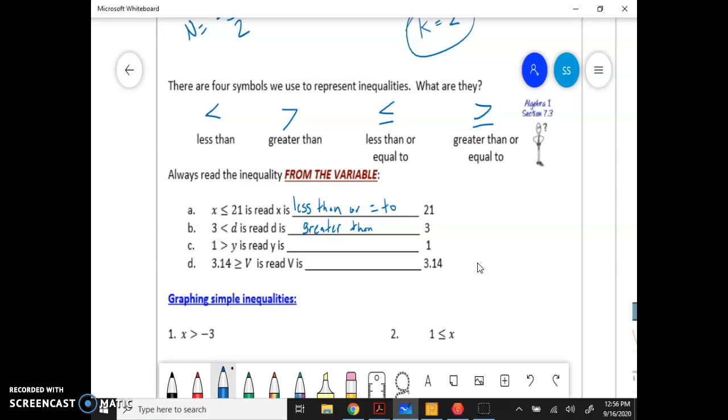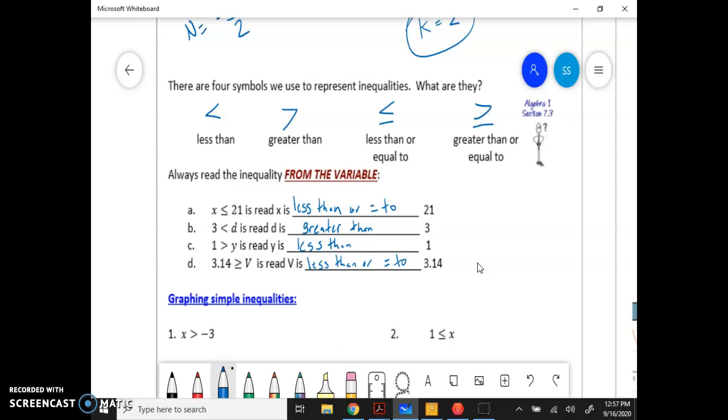C is Y is less than 1. And then the last one, again we're reading it from the variable, so it's V is, the mouth is eating the other number, right? So V must be smaller, so V is less than or equal to. Okay, hopefully that makes sense.